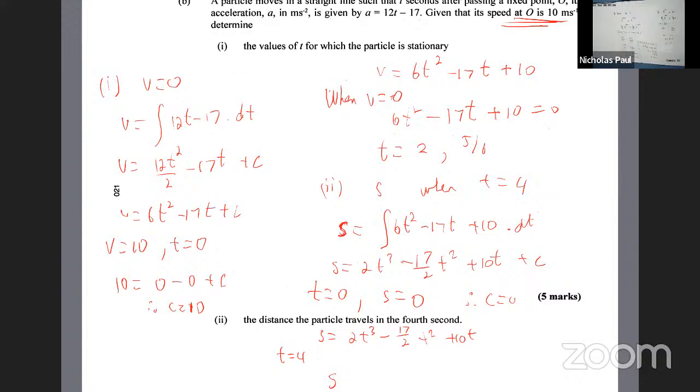Plug in 4. So that'll be 2 by 4 cubed minus 17 on 2 by 4 squared plus 10 by 4. That's 32.